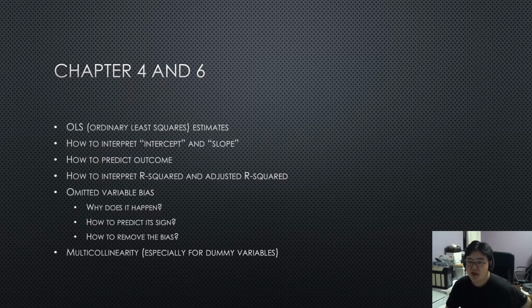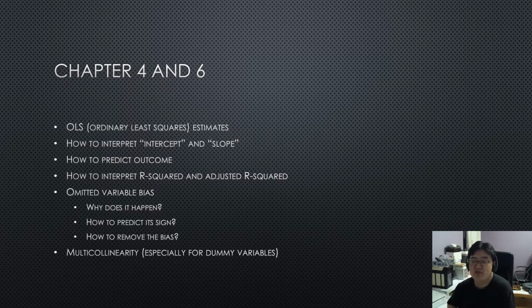When you think about multiple regressors, you also have to think about other regressors that are not included in the regression model. That is called omitted variables, and the omitted variables cause a bias. That is the omitted variable bias, and it's very important.